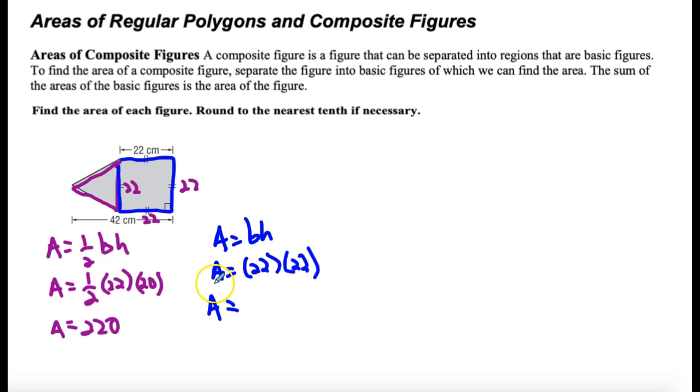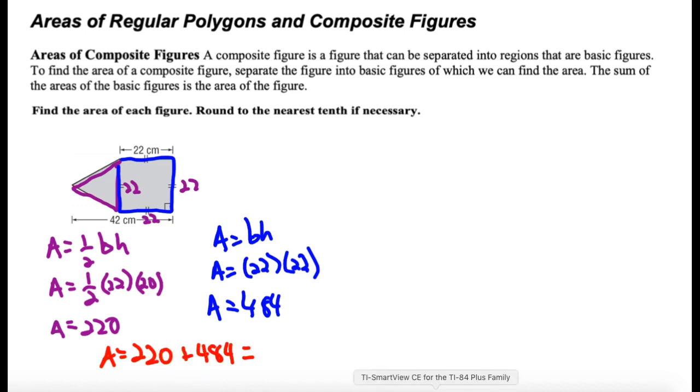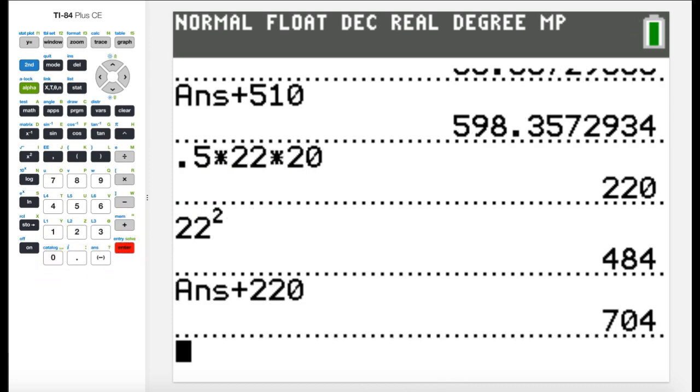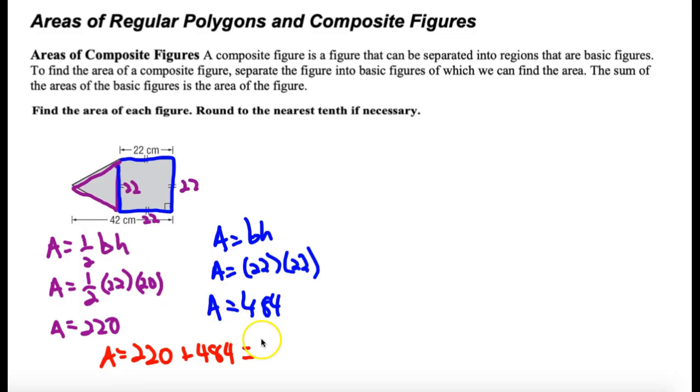So then the total area of this composite figure will be 220 plus 484, which will be 704. And we do have units, so square centimeters.